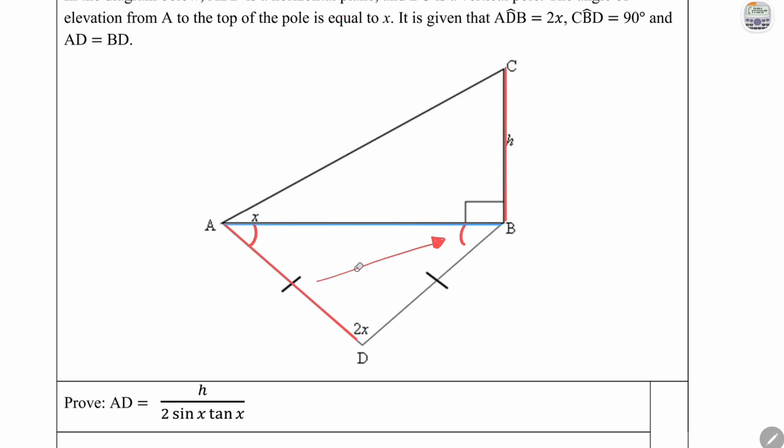So instead of using this side AD with the angle opposite it, and then using BD with the angle opposite it, we're not going to do that anymore. We're rather going to use AD with that angle and then this angle with BD, using the sine rule. So the main goal is to find exactly what this angle is over here and then find an expression for AB.